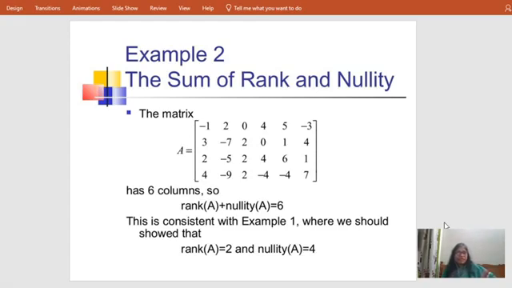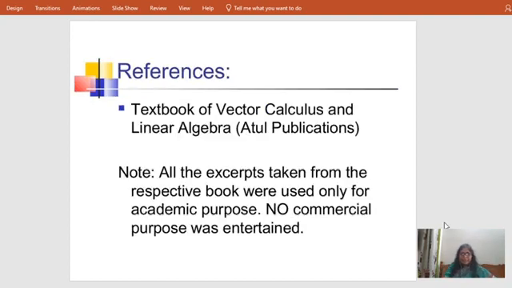Therefore, rank of A plus nullity of A is equal to n is the generalized statement. Here we have concluded that rank of A plus nullity of A is equal to the number of columns of the given matrix. Indirectly, it is the proof of the rank nullity theorem. That is, it is an example for the rank nullity theorem.